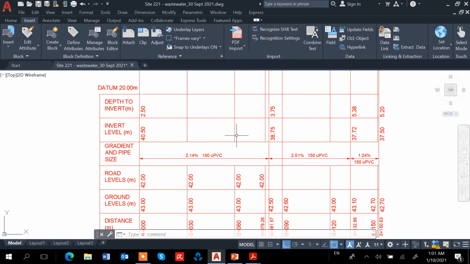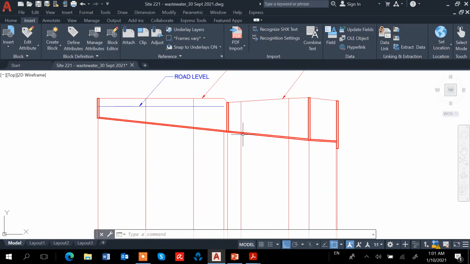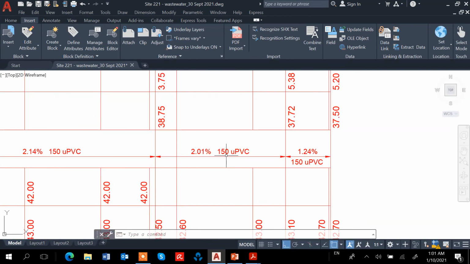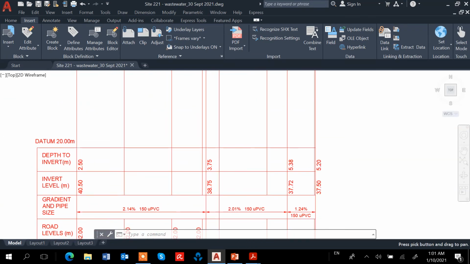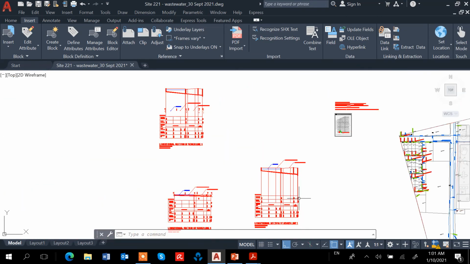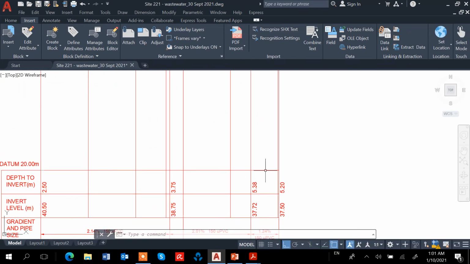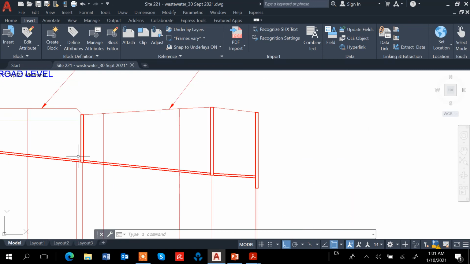Okay, so that's the gradient of the pipes here, and then the gradient of the pipe between the next two manholes is something like 2.01, and then finally between the last two manholes is 1.24%.